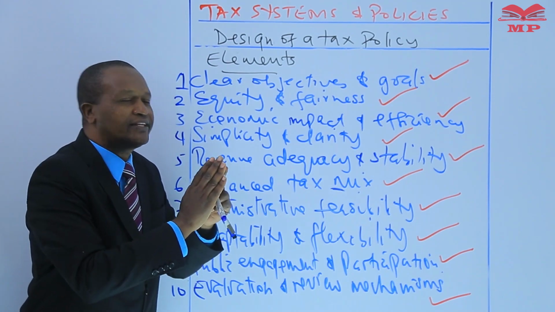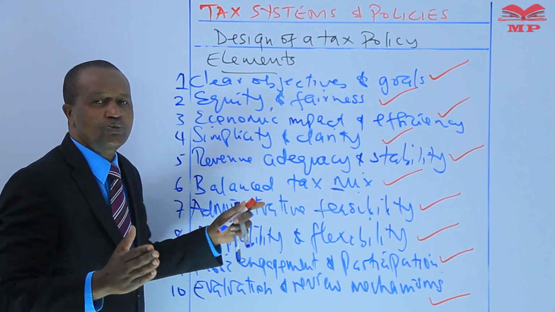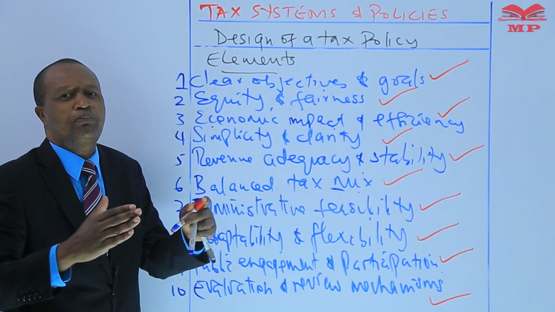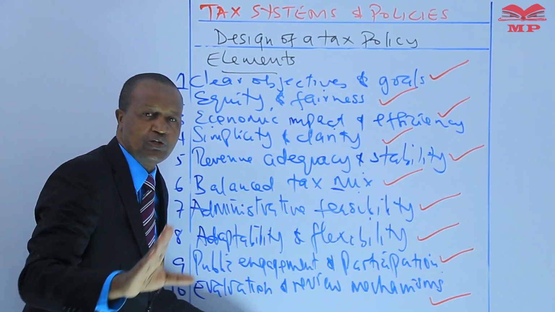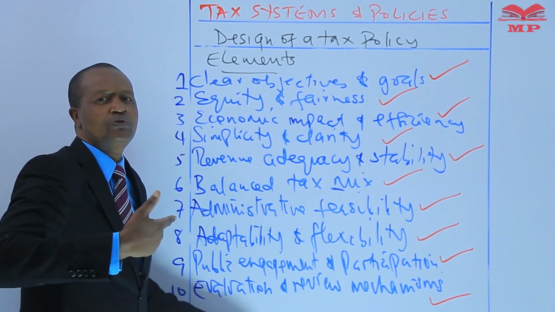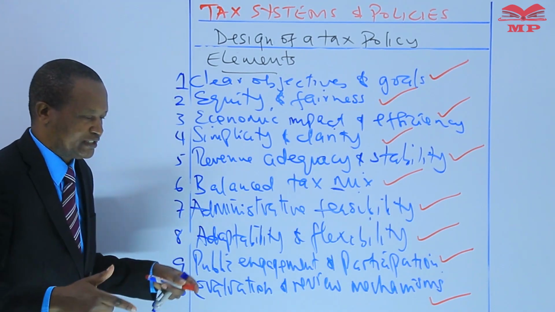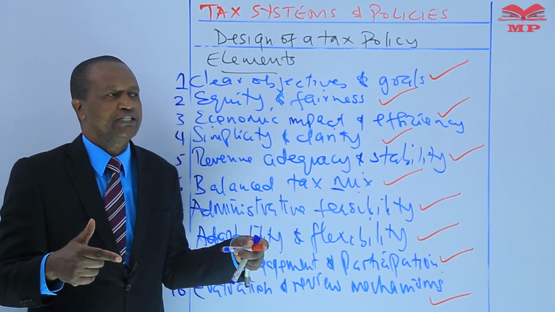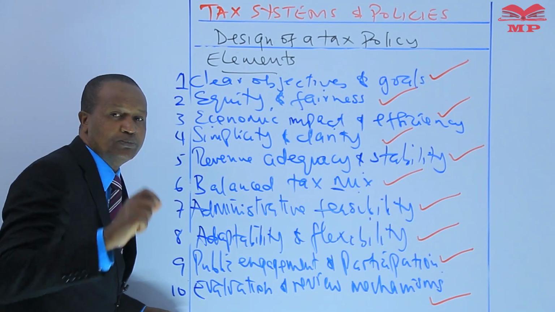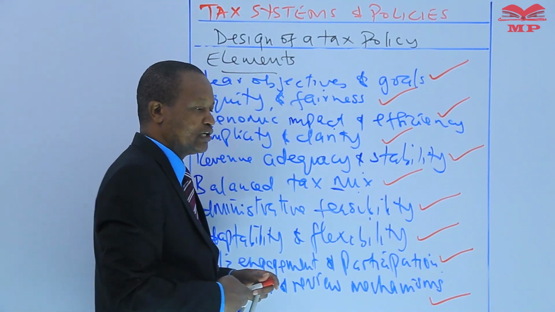It requires a thorough understanding of social considerations, as well as administrative capabilities or capacities and political realities within the given context. And a successful tax policy design often involves a compromise and iterative adjustments to achieve the desired outcomes while minimizing what we call unintended consequences.